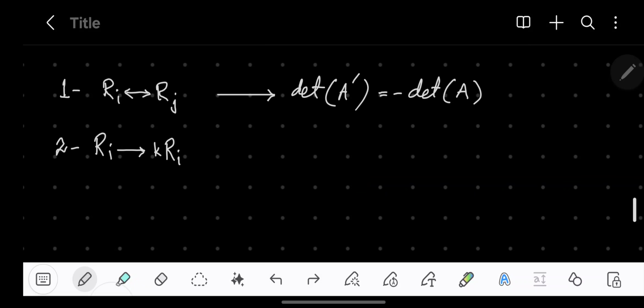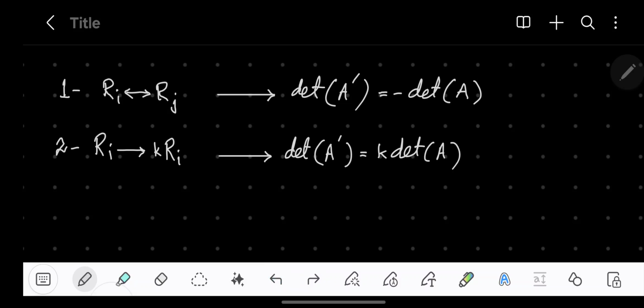The second rule is if you multiply any row Ri by any scalar k, so you have a matrix and you multiply any row with any scalar, then the determinant of the new matrix will be equal to k times the determinant of the original matrix.